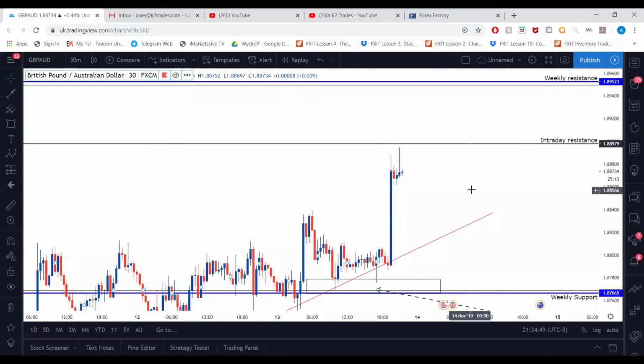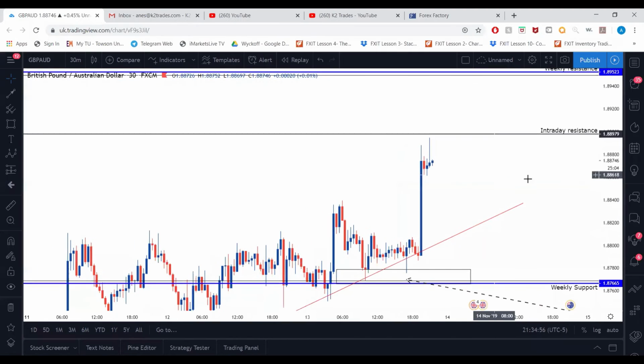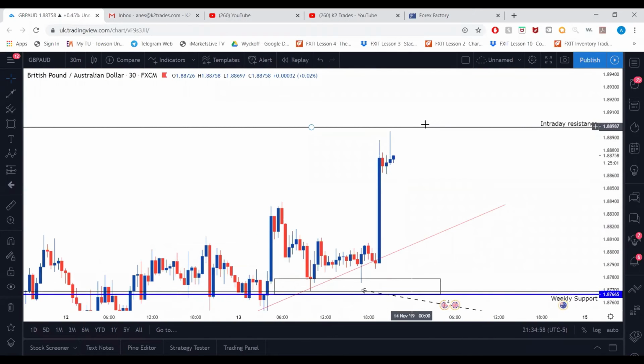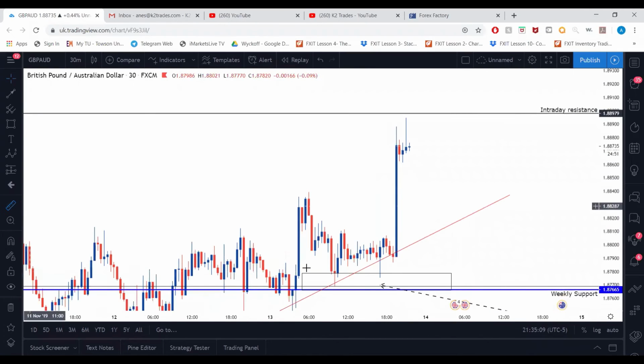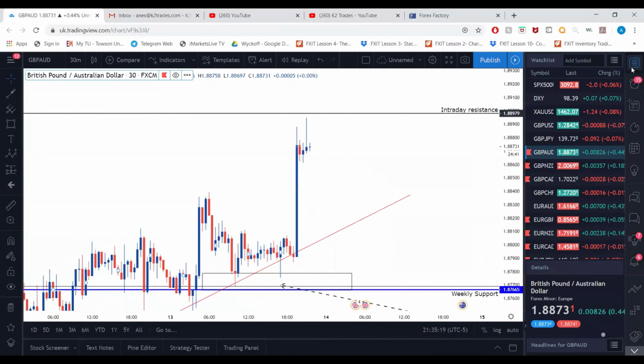Unless I'm doing a swing trade, I don't want my stop loss to go more than 40 pips at the most, because I look to enter around important zones, which are resistance and support, especially at the weekly, because the buy that we missed, it will be from right here. It's currently 95 pips in profit, so it's okay. We'll go on to the next one.